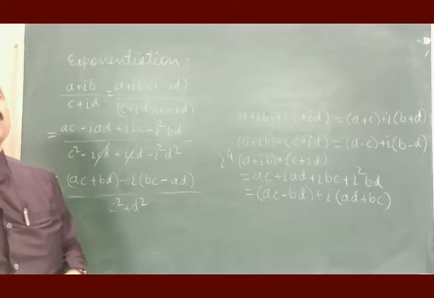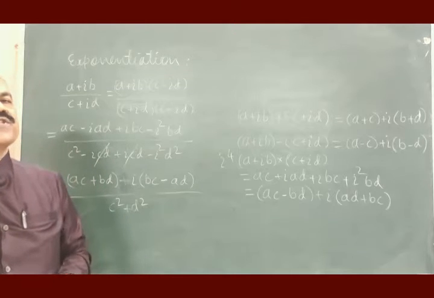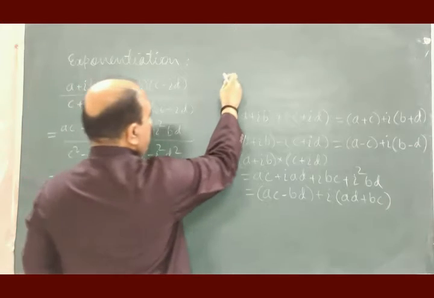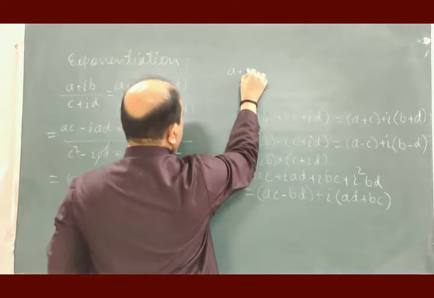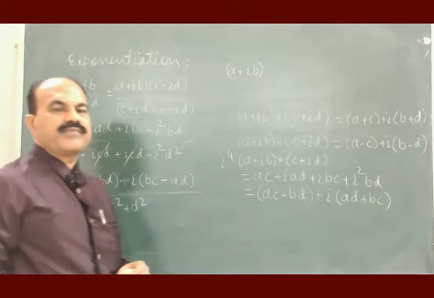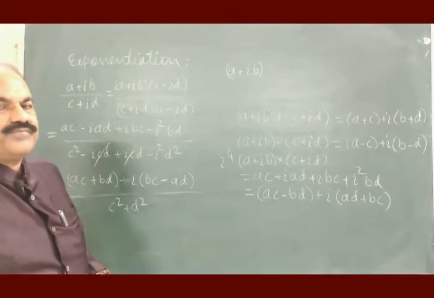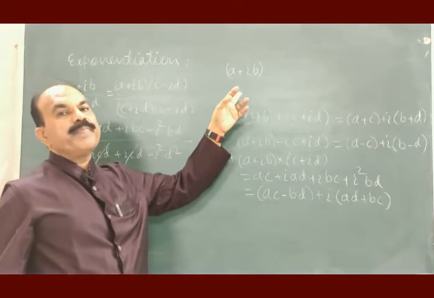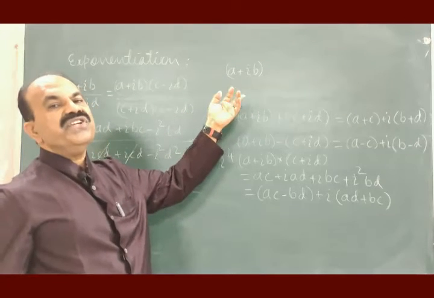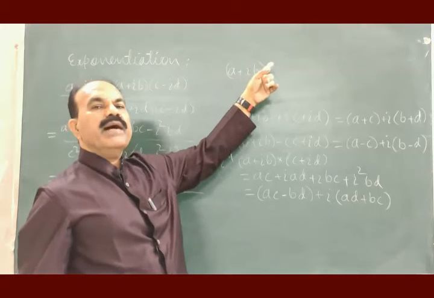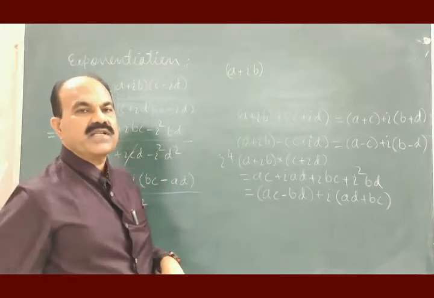Let us see how to do exponentiation of complex data. If you have the complex data A plus IB, then any positive integer can be raised as power of this complex number.